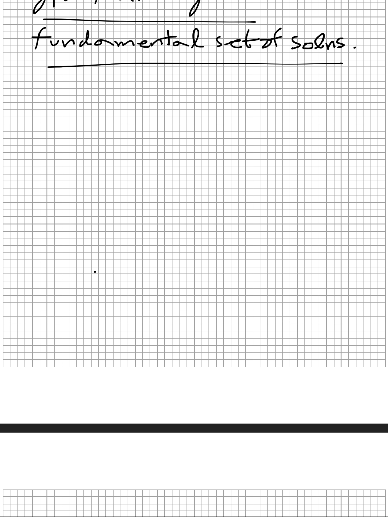What we're going to do is find a pair of functions, u1 of t and u2 of t, so that we have the following particular solution.